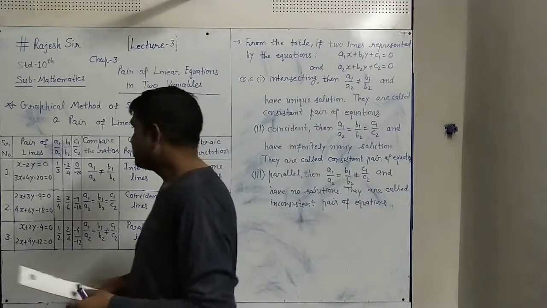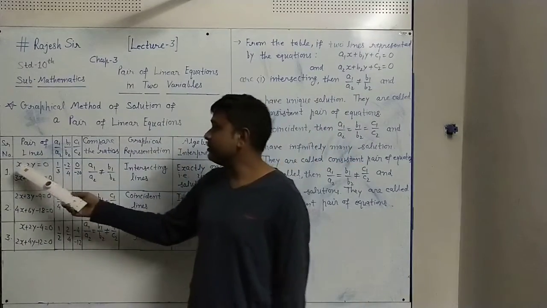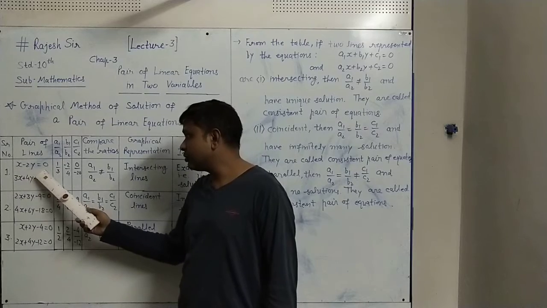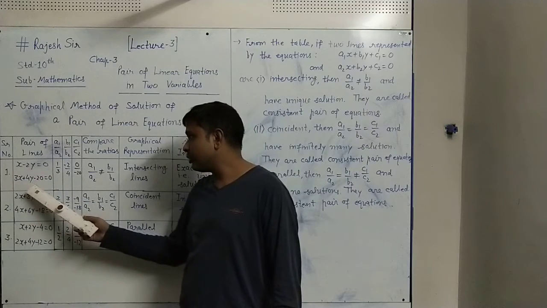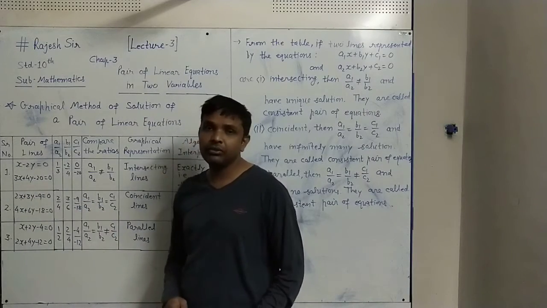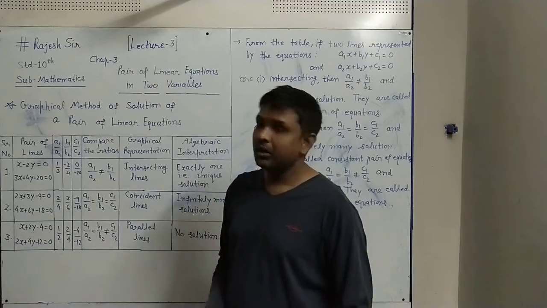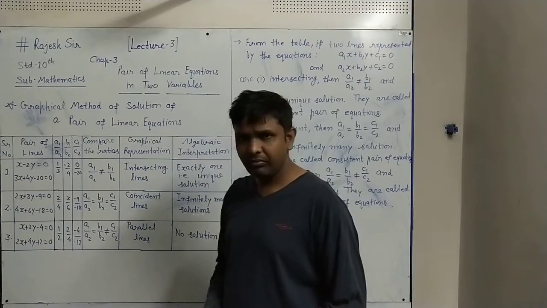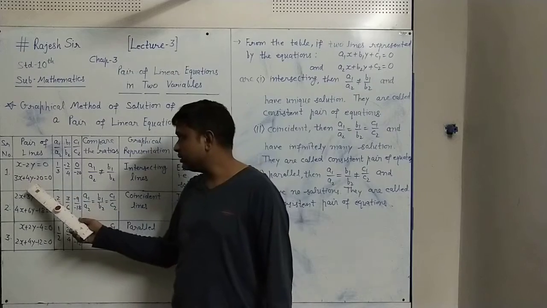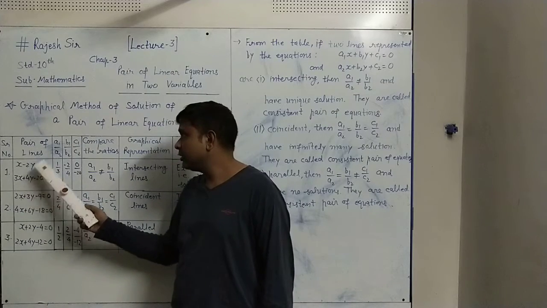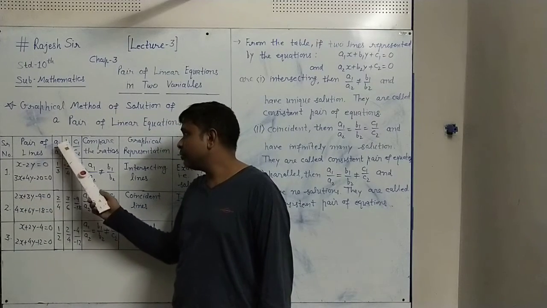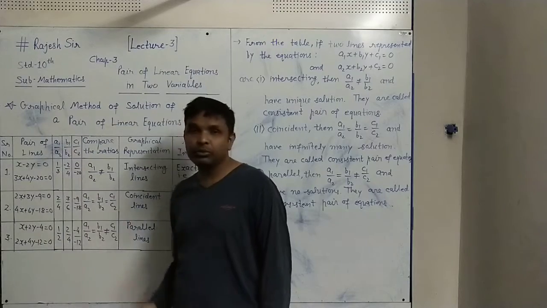From these three situations, we will understand which interpretations are there, with examples. The first pair of lines given is x minus 2y equal to 0 and 3x plus 4y minus 20 equal to 0. Two lines are given, a pair of lines. And we will see the ratios a1 upon a2, b1 upon b2 and c1 upon c2.